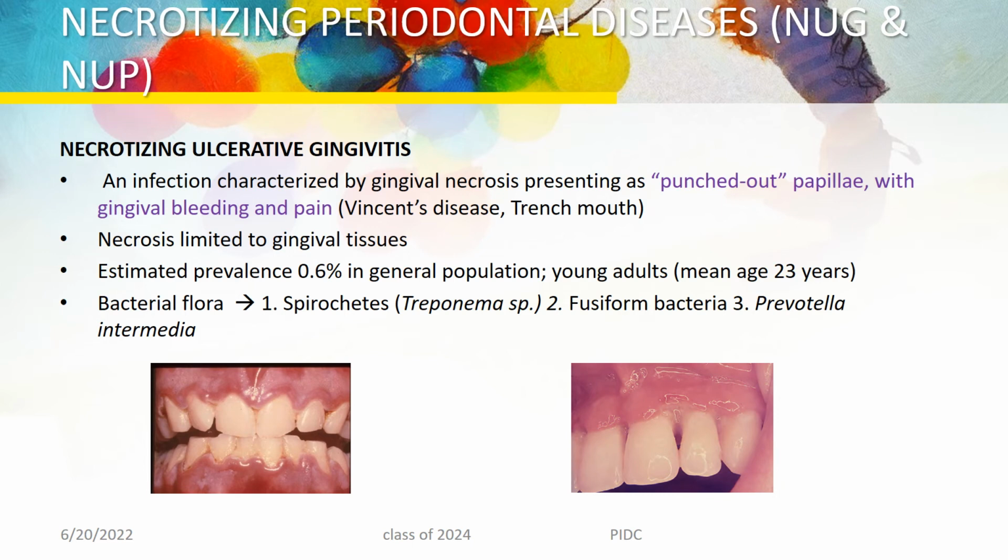When the necrosis is limited only to the gingival tissues, it comes under the term necrotizing ulcerative gingivitis. It is estimated to have a prevalence of around 0.6% in the general population, with young adults being the main target population. The bacterial flora seen here are the spirochetes, the Treponema species, as well as fusiform bacteria and Prevotella intermedia.